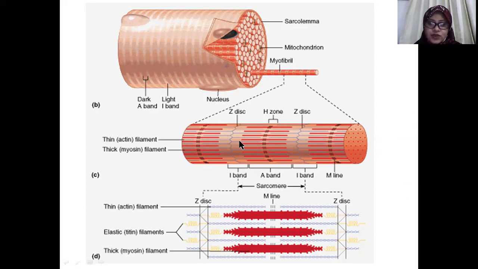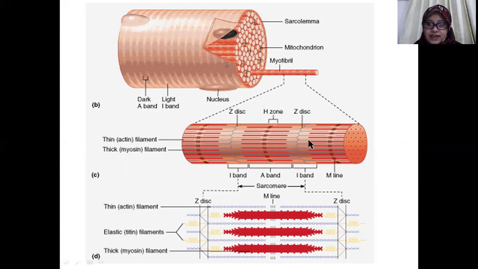This lighter zone is known as the I-band, which is bisected by a transverse line known as the Z-line or Z-disc, and the area between two successive Z-discs is known as a sarcomere, which is the contractile unit of skeletal muscle.